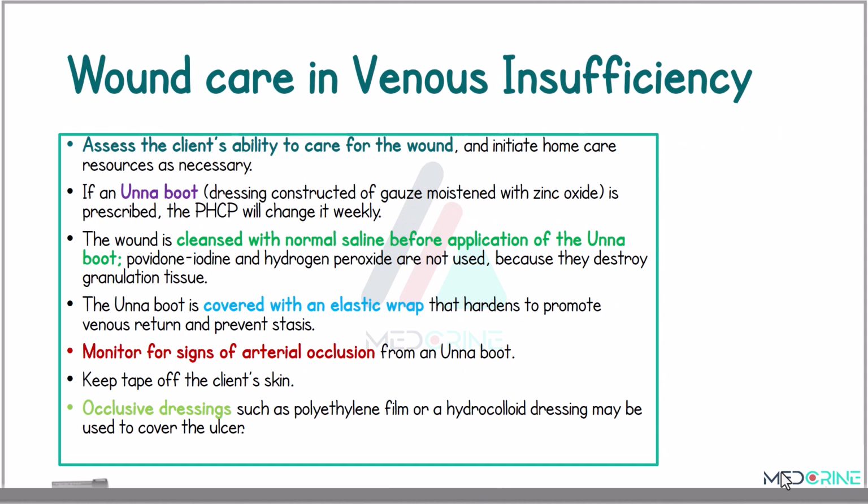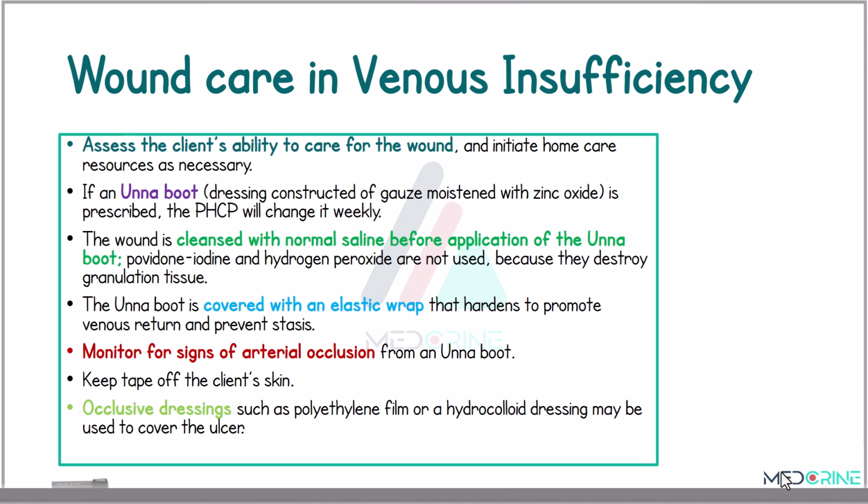Nursing care, in terms of wound management, involves assessing the patient's ability to manage the wound care at home and coordinating with the home care services if necessary. If an Unna boot is prescribed, it should be changed weekly by the healthcare provider or the nurse. The wound should be cleaned with normal saline, avoiding agents, for example iodine or hydrogen peroxide.